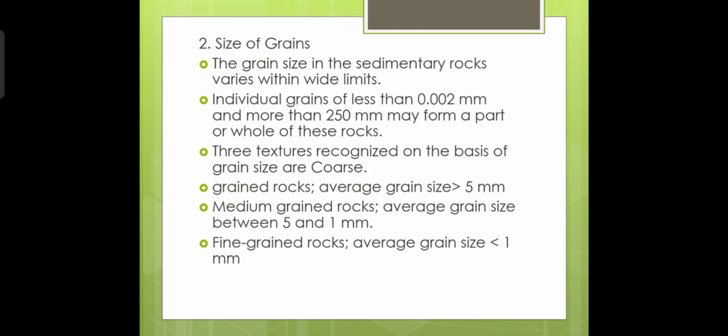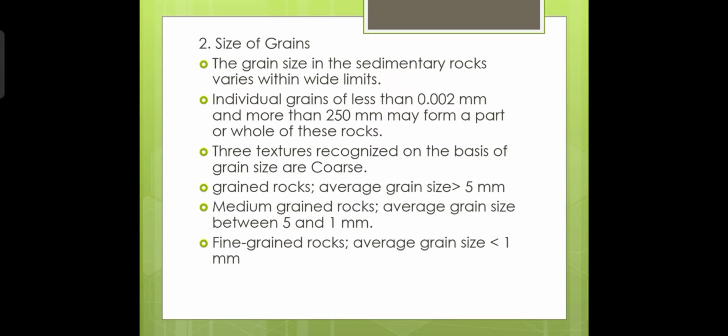Number 2. Size of grains. The grain size in sedimentary rocks varies within wide limits. Individual grains of less than 0.002 mm and more than 250 mm may form a part or whole of these rocks.